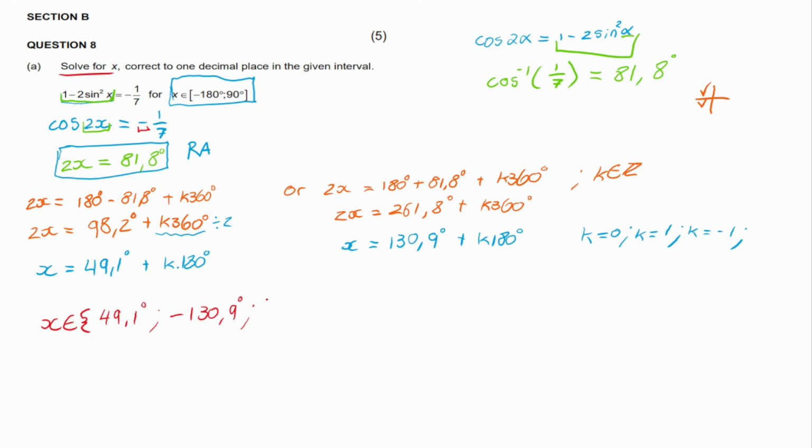So that fits in. And so that was for k is equal to minus 1 over here. k is equal to minus 1 over here, we say 130.9 minus 180, we get minus 49.1. Okay, so we tried k is equal to 0, and we tried k is equal to minus 1.